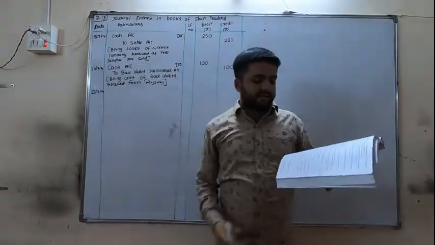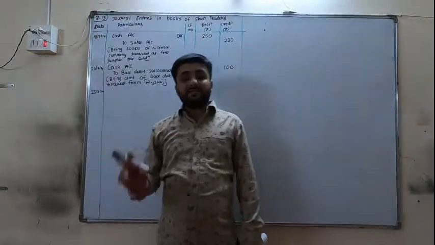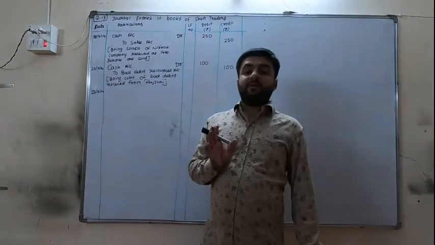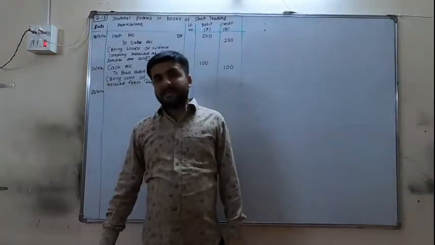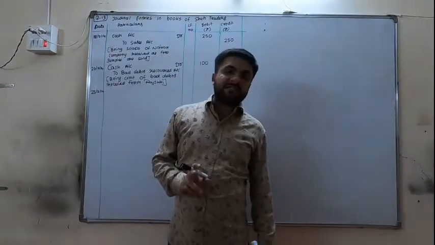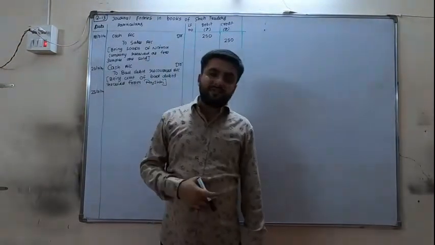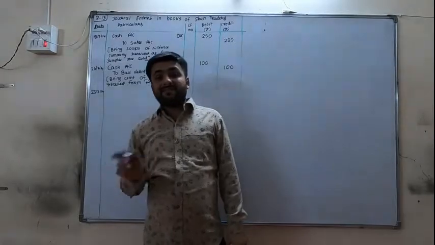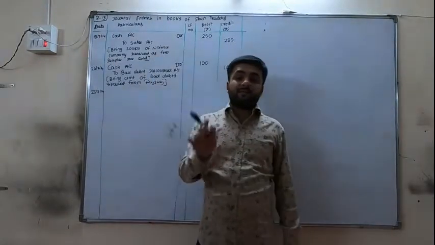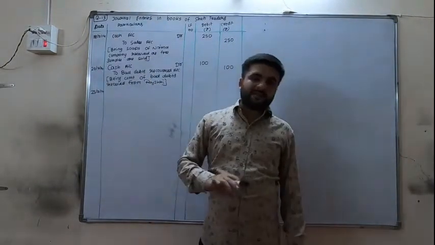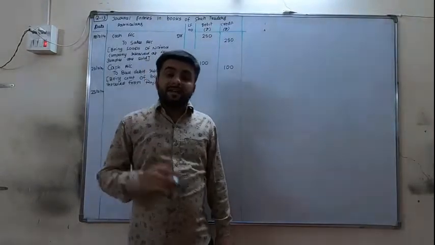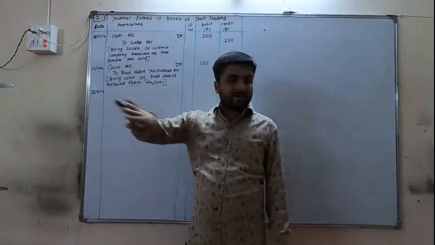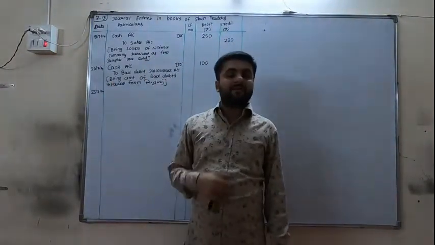25th date is next. Axis Bank has charged loan interest of 250. Charge means it is an expense. We have to pay interest on loan to Axis Bank. So interest on loan is the expense, so interest on loan account is debited. Moreover, we cannot write cash account, because whenever we are paying any expense, we credit cash account. But here we have taken the loan from bank, so the amount will be deducted from bank only.